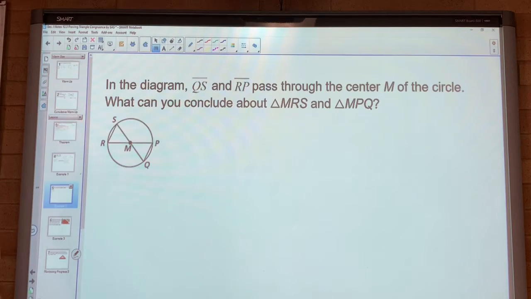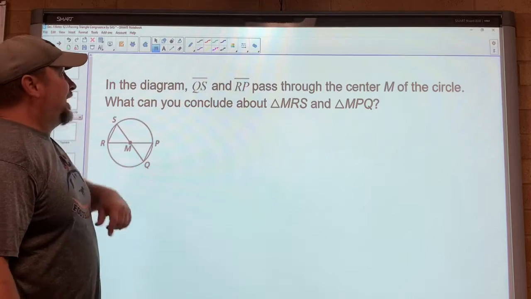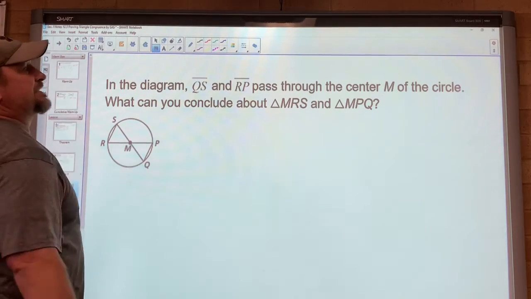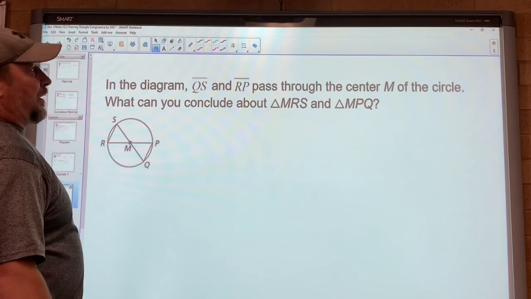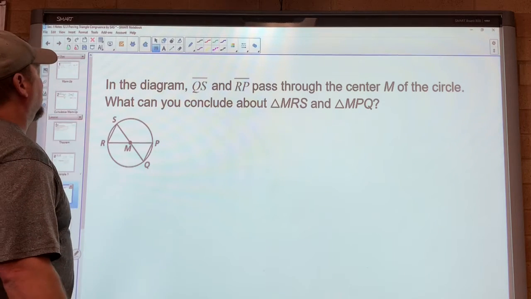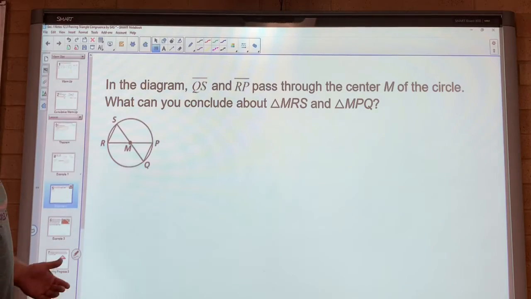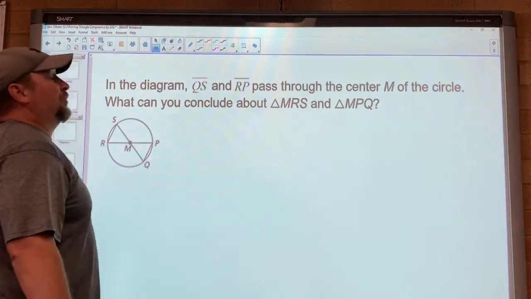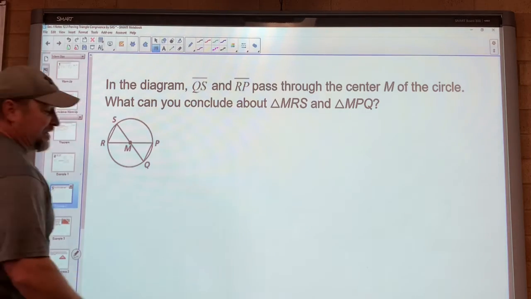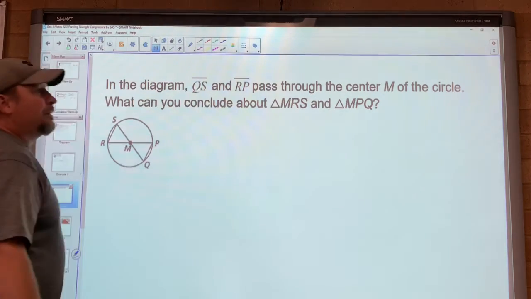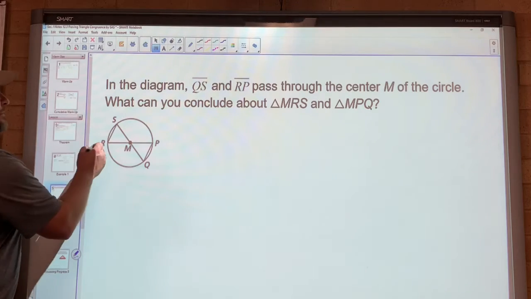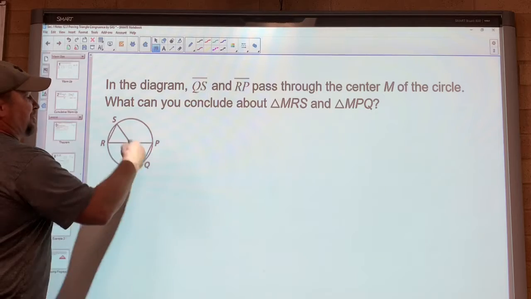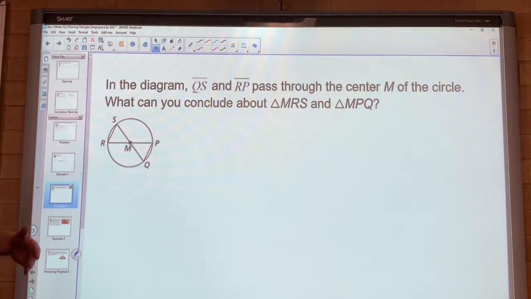Okay, in this diagram we have segment QS and segment PR, or RP. They pass through the center of our M circle. What can I conclude about triangle MRS and triangle MPQ? Well, let's take a look at them. A couple things I want to point out about the lines that are cutting through this shape, they're diameters.